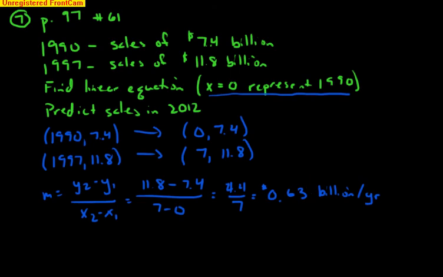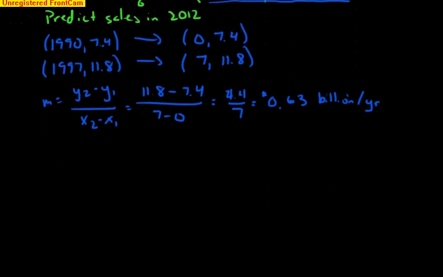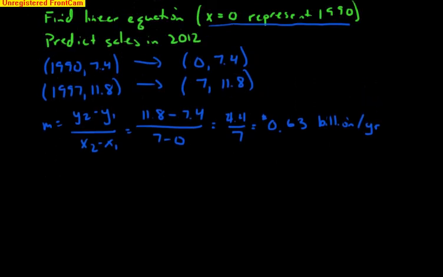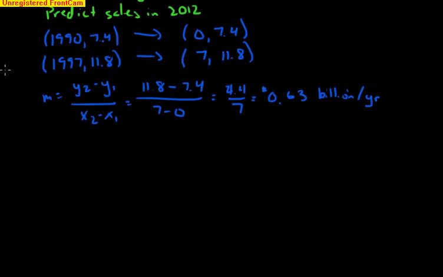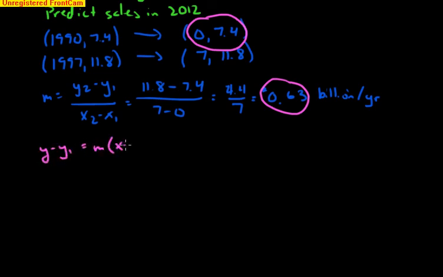So now I'm going to scroll down. We're going to take one of those points and the slope, and we're going to find the equation in point-slope form. So let's take this point right here, 0, 7.4, and the slope of 0.63. Point-slope form: y minus y1 equals m times x minus x1. Y minus 7.4 equals your slope of 0.63 times x minus 0.